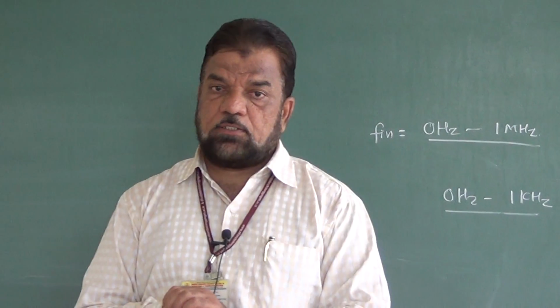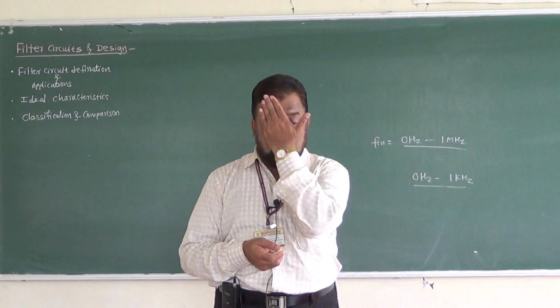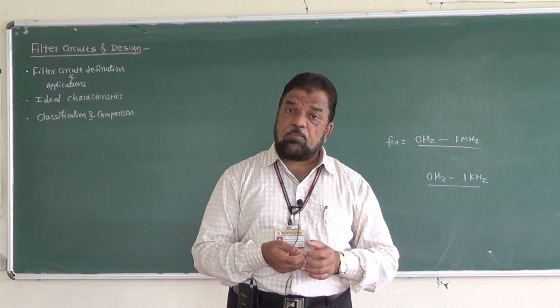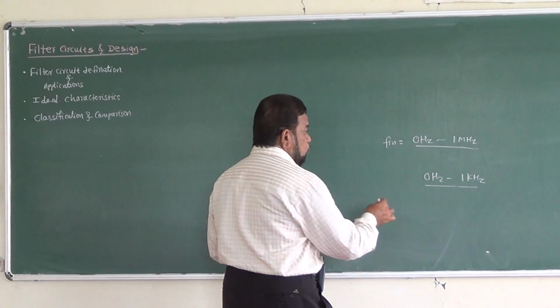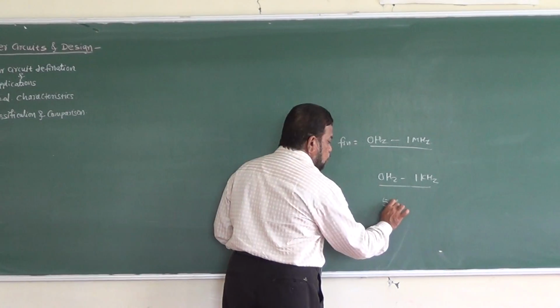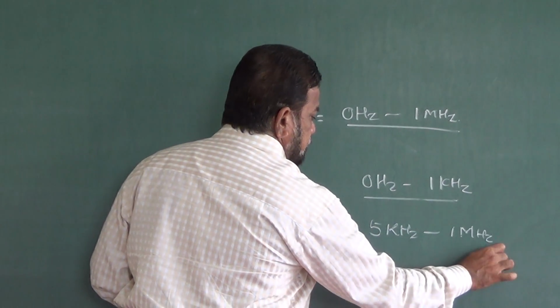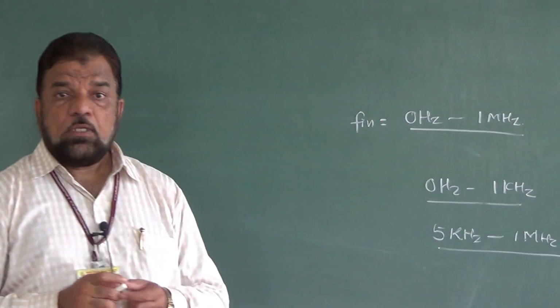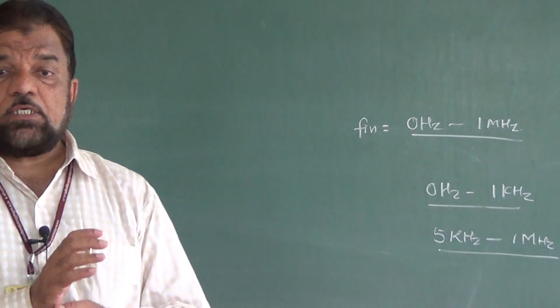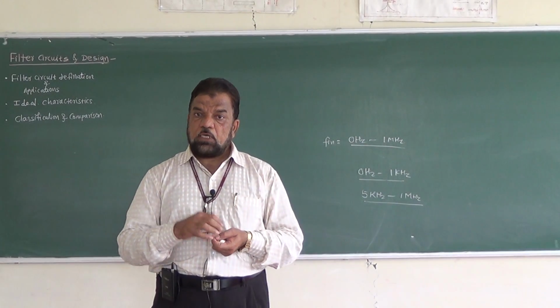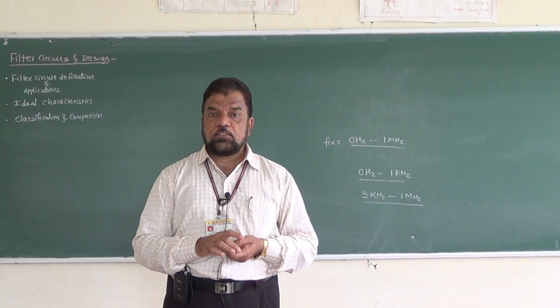In this application, we have to use the filter circuit. In another example, if I need the frequencies from say 5 kilohertz up to say 1 megahertz, that means in this second application, I don't need the lower frequencies from 0 Hz to 5 kilohertz. So I have to use the filter circuits.